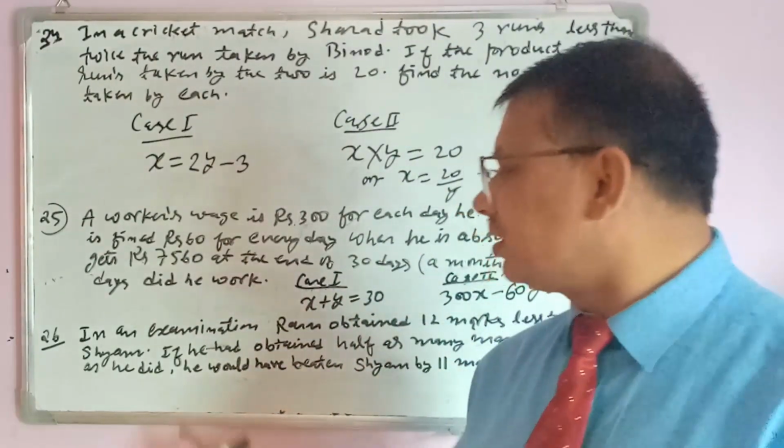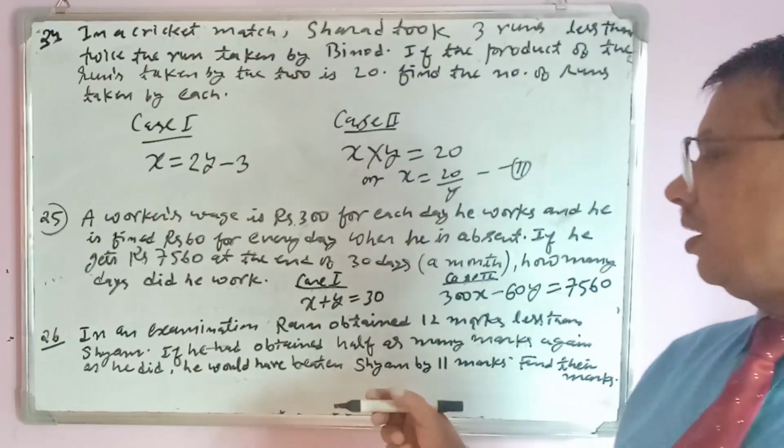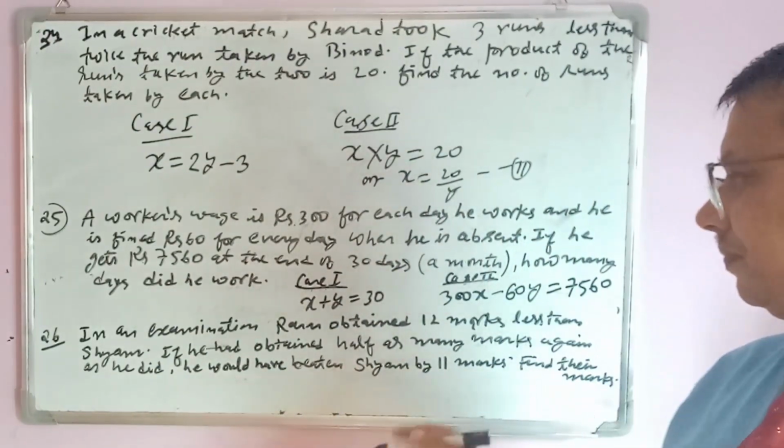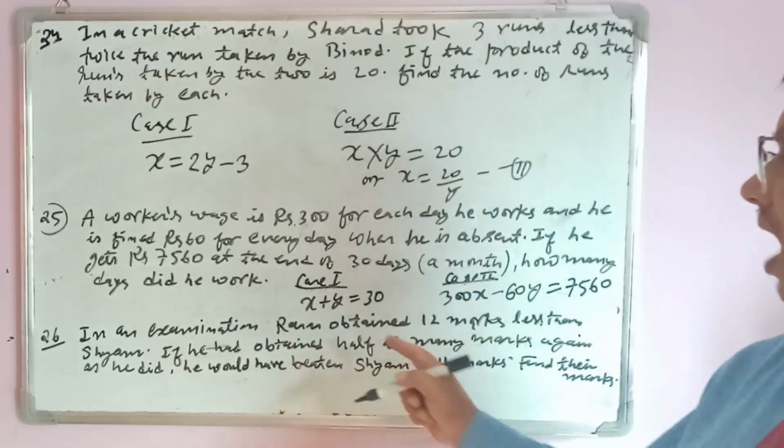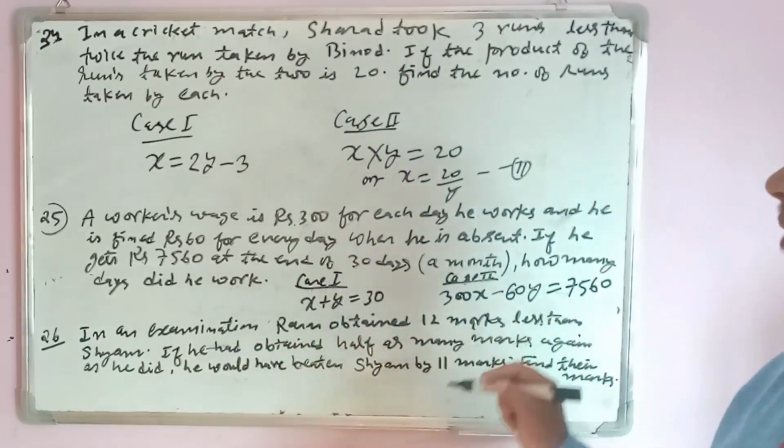Now question number 26, this was an SLC question in 2043. In an examination, Ram obtained 12 marks less than Shyam. Let Ram obtain x marks and Shyam obtain y marks.